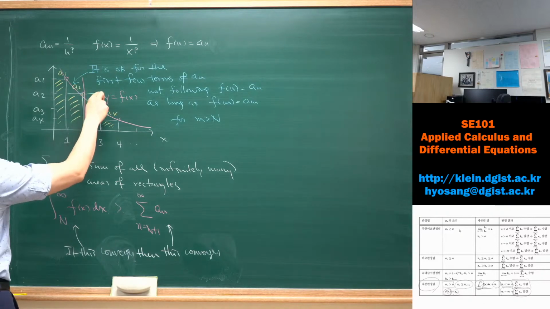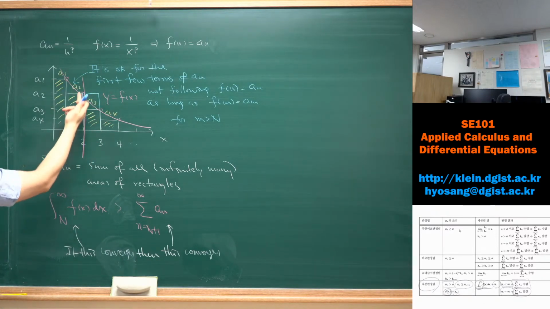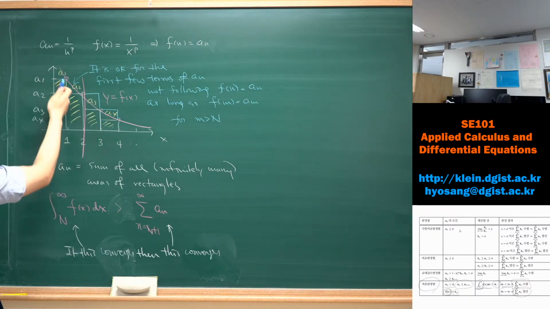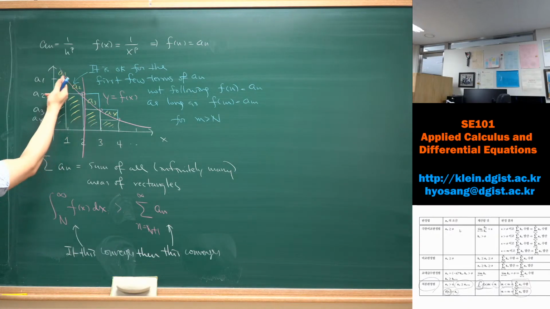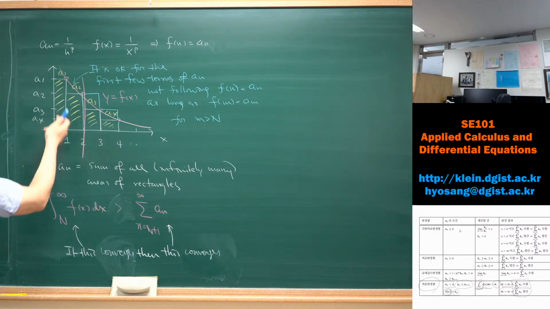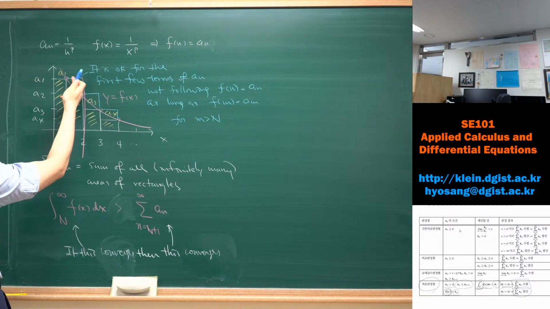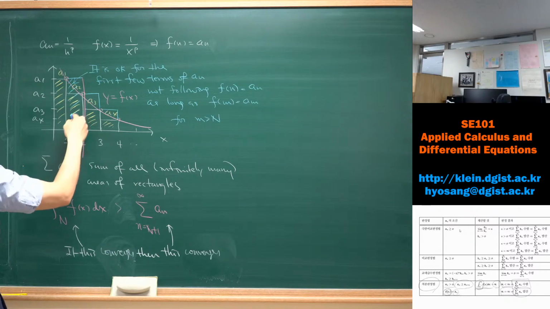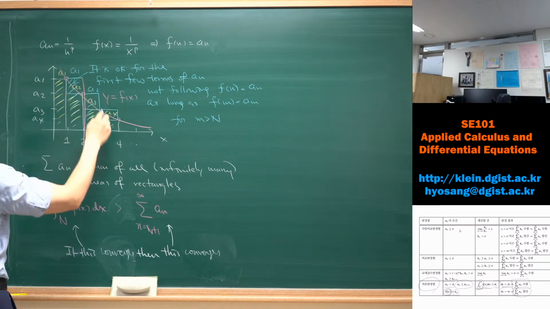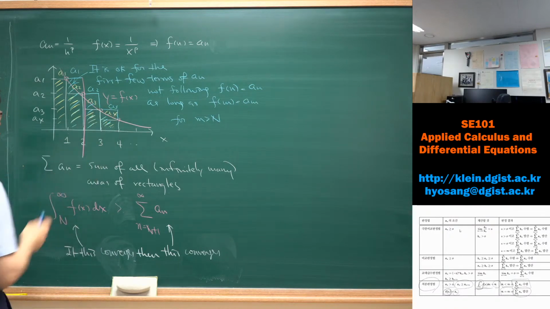So let's take the height of the rectangle from the left-hand side. On the right, this yellow rectangle, I chose the height from the right-hand side. But let's choose the height from the left-hand side. So this blue area now becomes A1, A2, A3, and so on.